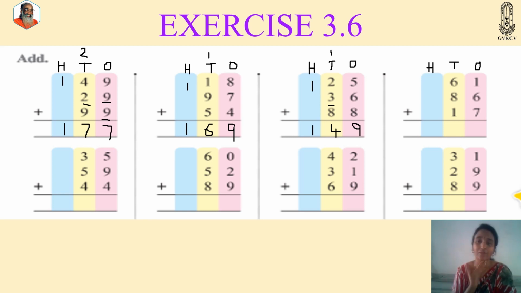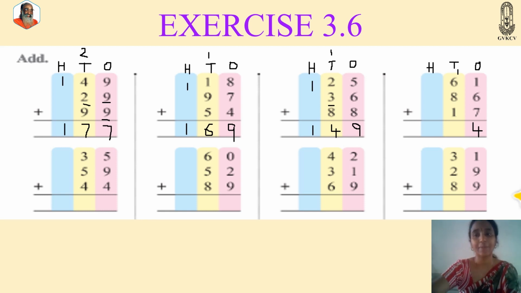Now coming to the next sum. 1 plus 6 plus 7. 6 plus 1 is, the number after 6 is 7. So 7. Now keep 7 in mind and take 7 in hand. 7 after 8, 9, 10, 11, 12, 13 and 14. 4 here and 1 on top of tens. 6 plus 1, 7. The number after 6 is 7, right?